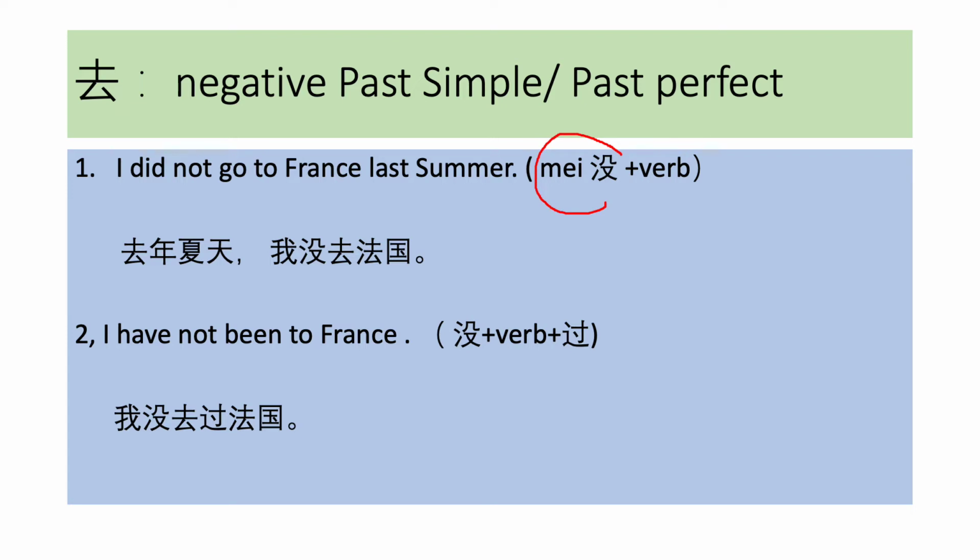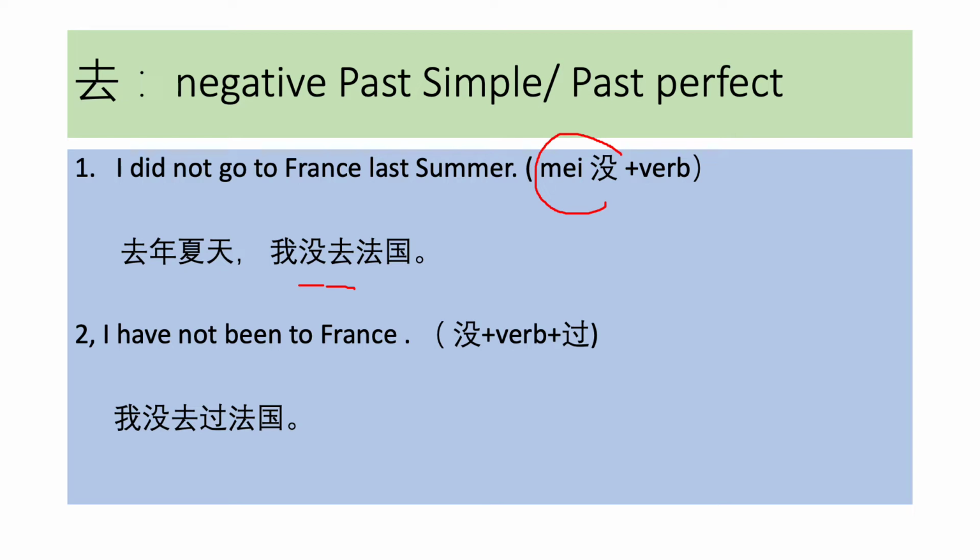For negative past simple, we just use 没 before the verb. Okay? So 去 is a verb. 没去. Last summer, I did not go to France. 去年夏天我没去法国.